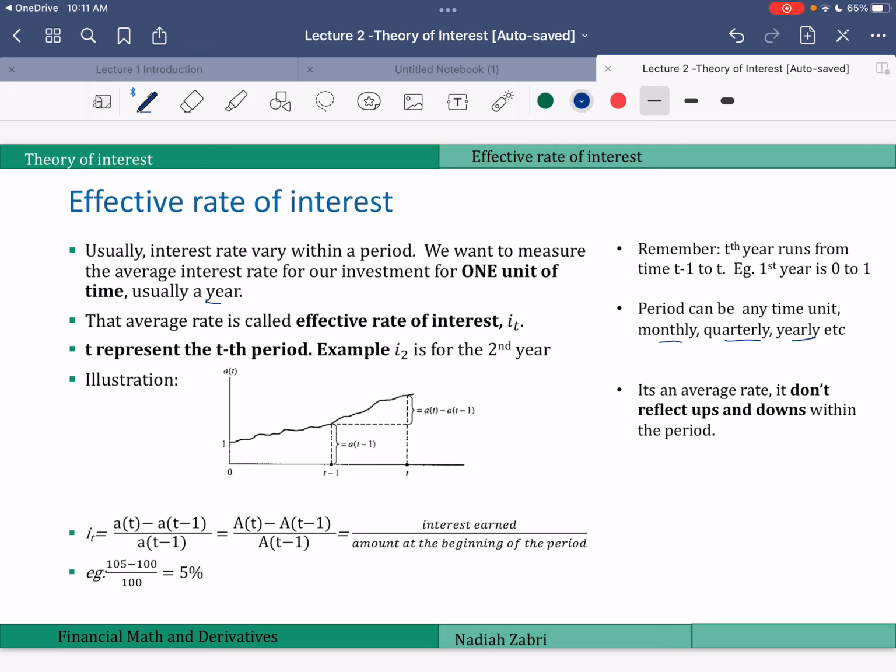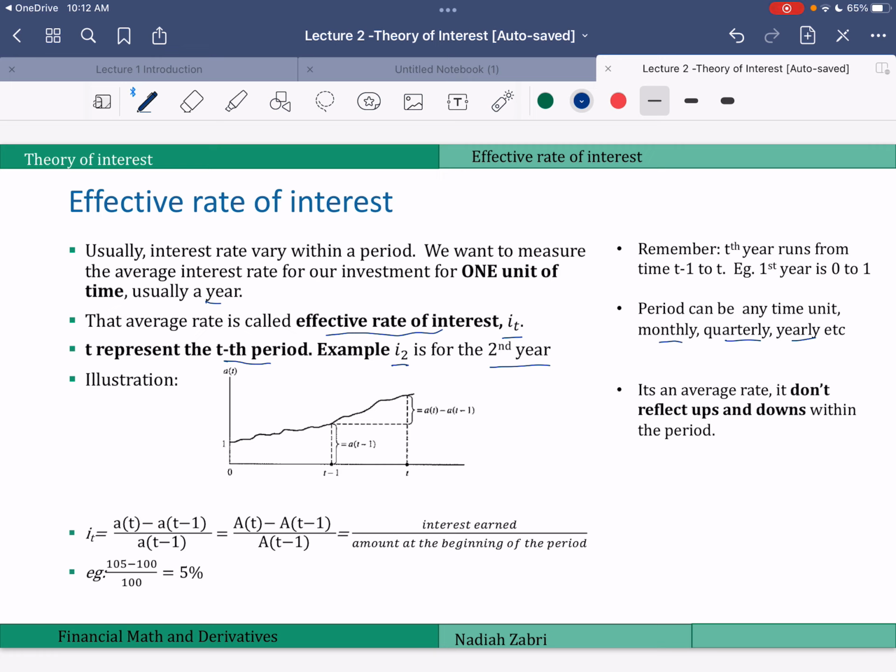So the average is called effective rate of interest, and then it's notated as follows: IT, and that T means it is the effective rate of interest for the Tth period. So for example, if we write I2, it means it is the effective rate of interest for the second year.